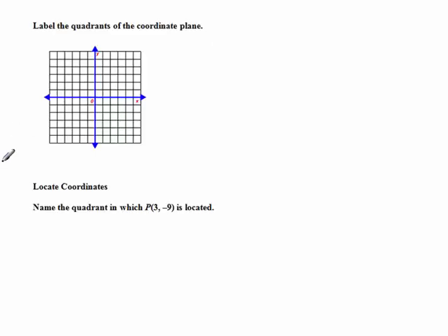Now here, looking at a coordinate plane, we have labeled the quadrants of the coordinate plane. Starting with the positive, we're going to label this as 1, and we're going to go counterclockwise and using Roman numerals: 2, 3, and 4.